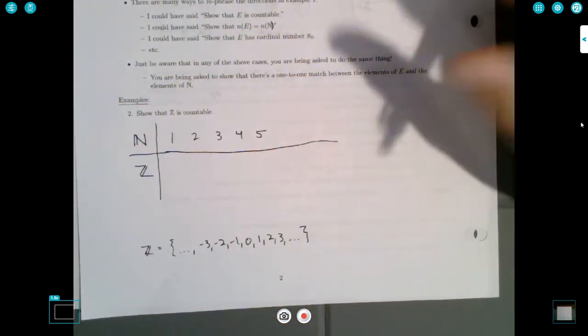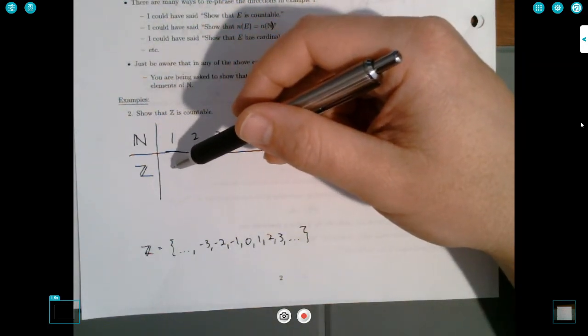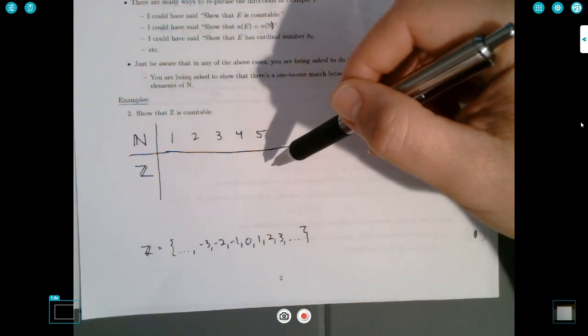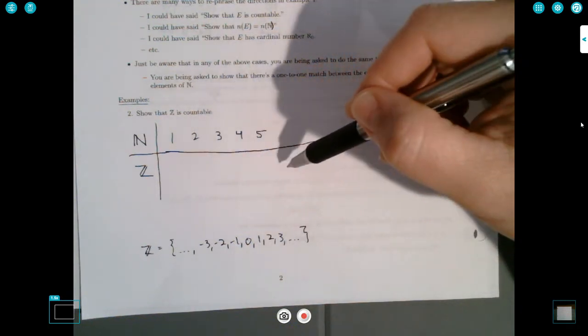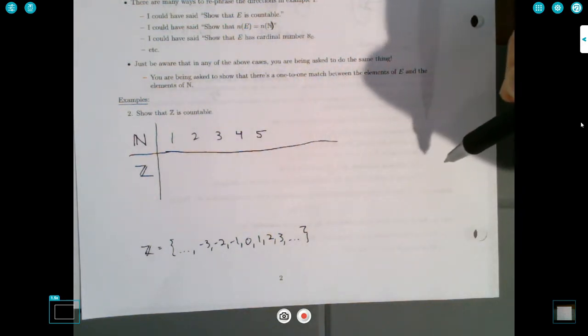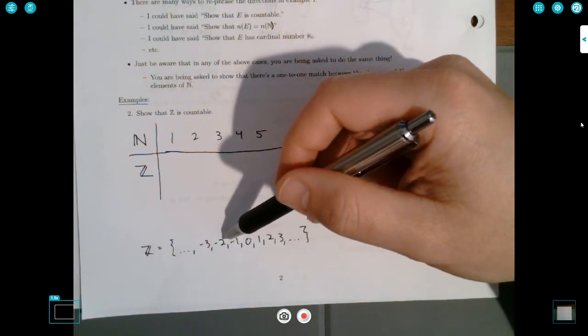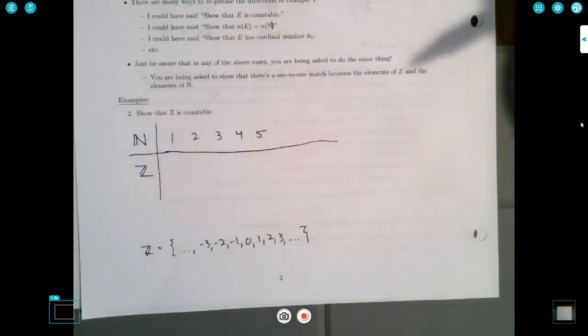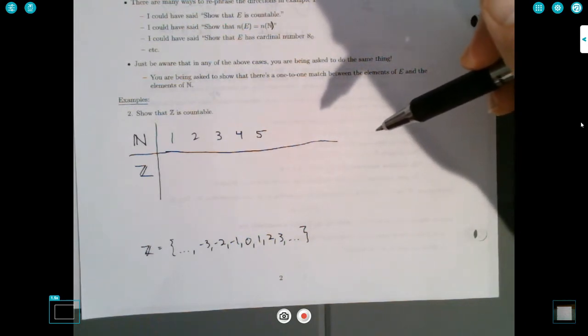If I start to list 1, 2, 3, 4, 5, well, I'm never going to get to the end of that list, right? And that's a problem because I also have to somehow sneak 0 and -1 and -2 into the list as well.